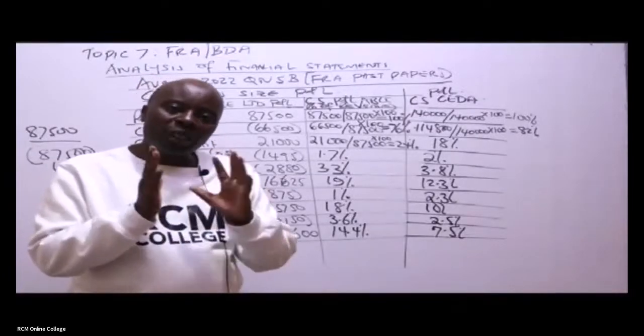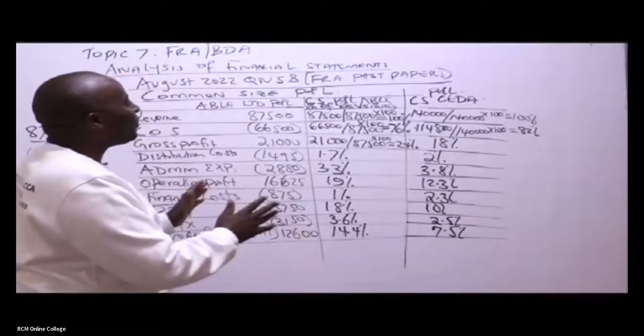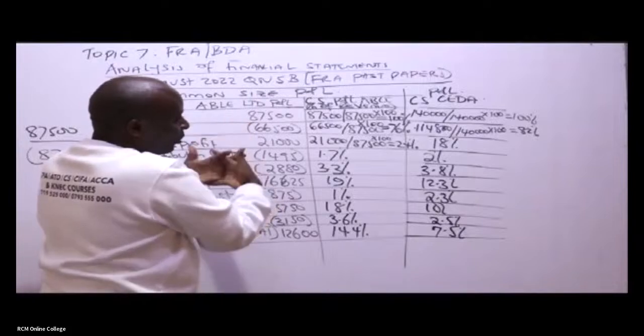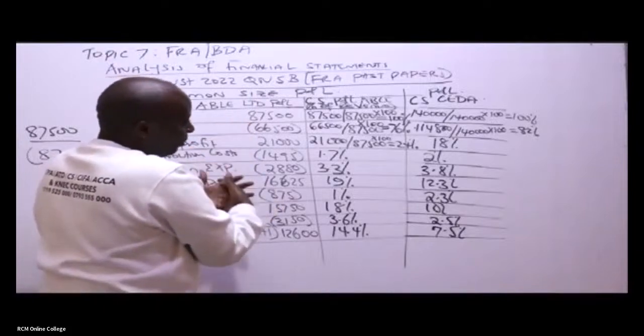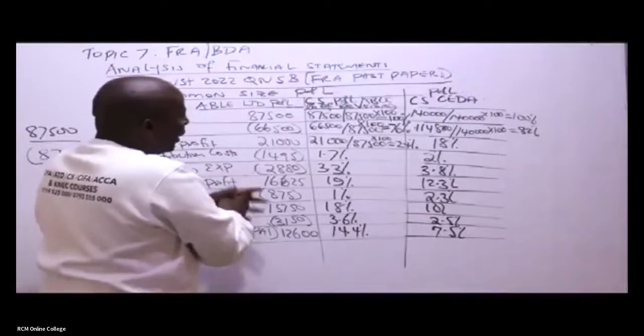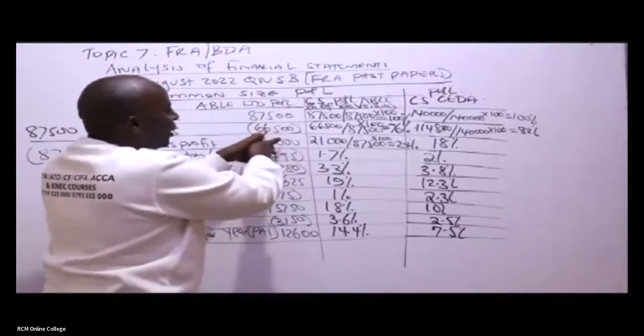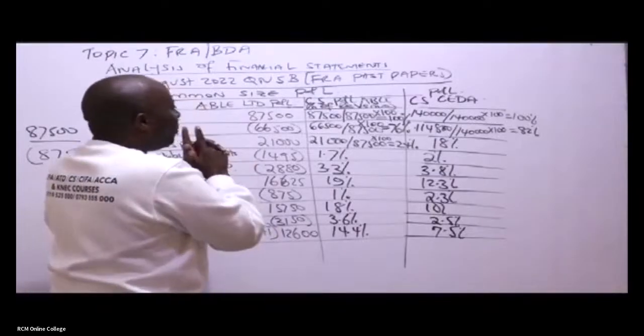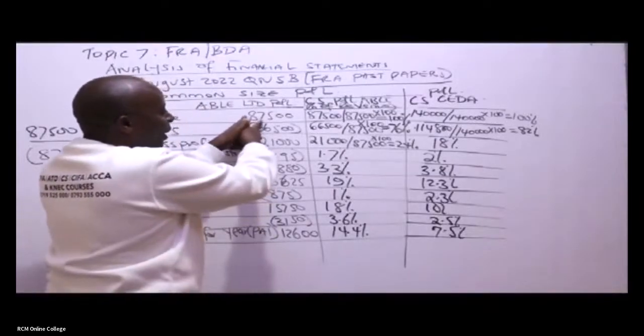So what you shall do, ladies and gentlemen, is to come to your revenue, for example, for the first company called ABO. ABO's revenue is 87,500. So all the numbers that are given in the P&L will be divided by the revenue figure.